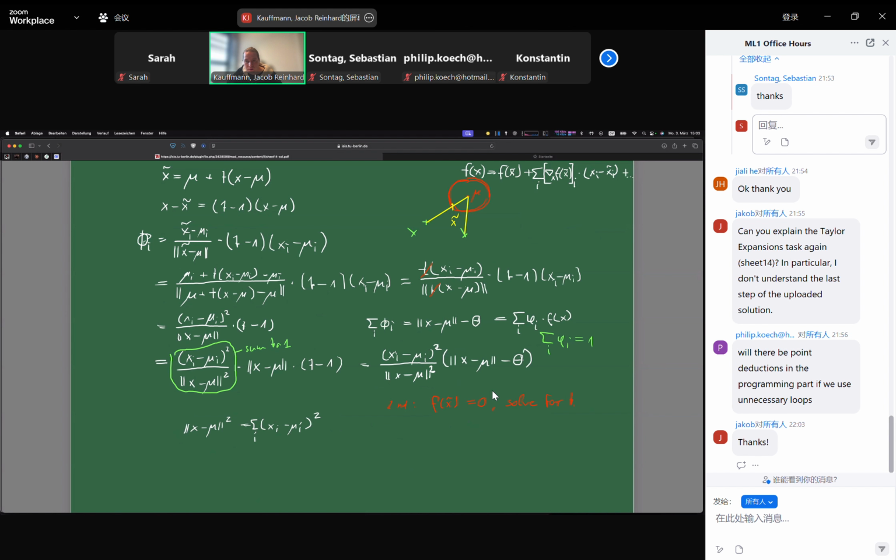Will there be point deductions in the programming part if we use unnecessary loops? Yes, typically yes. Basically, if you do something unnecessary, we might deduct points. Typical examples are like a matrix vector product, for example.